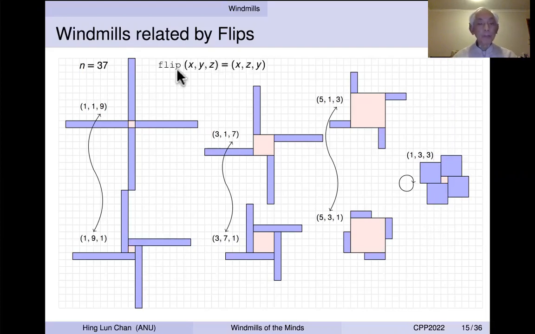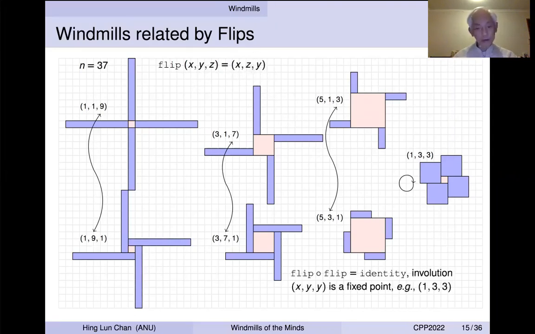So flipping is a map, and it will take the triple x, y, z to x, z, y, right? Swapping the last two components. And if you flip once and then flip again, it just comes back to the original. And we call this an involution.